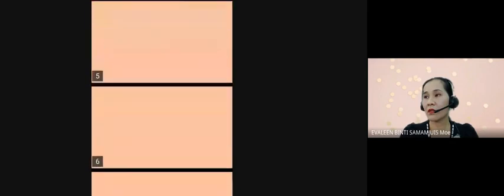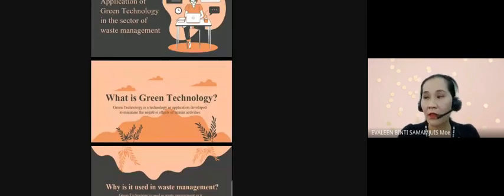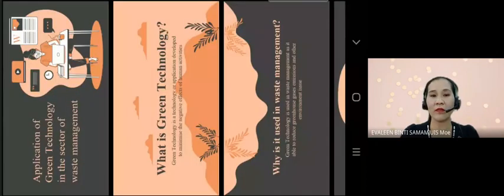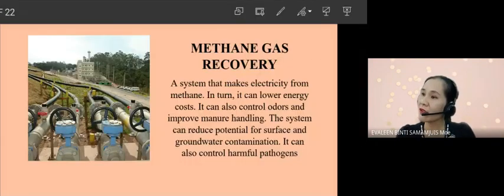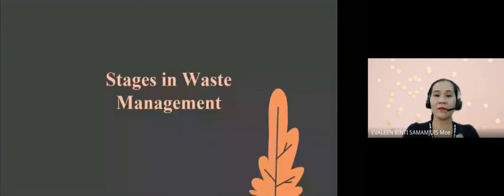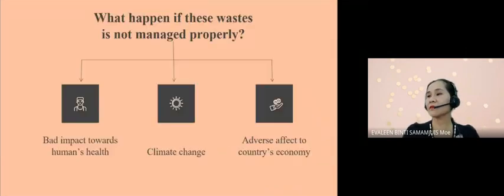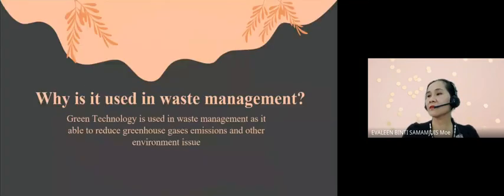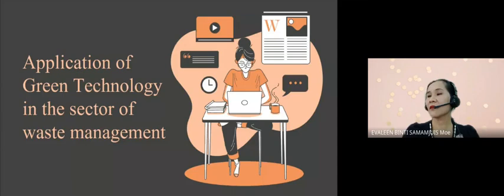Can you see my screen? Okay, yes, already. You are using a handphone, a bit small. Never mind. Okay, good. Okay, you can start now. Okay, so I will start.